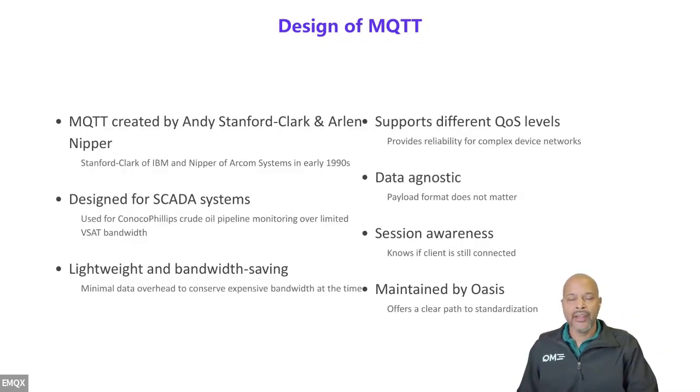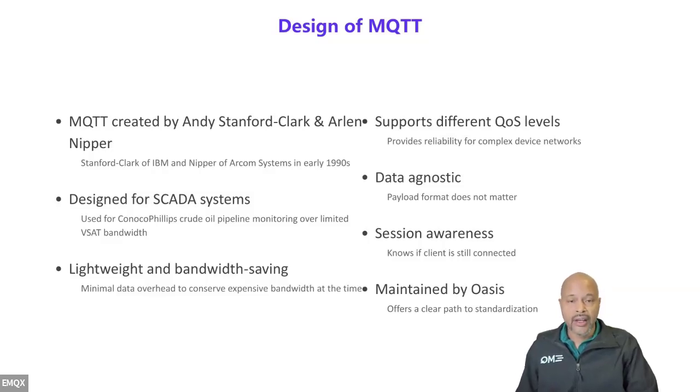So MQTT was originally designed for SCADA systems, and that's because ConocoPhillips, the crude oil pipeline, needed to be monitored. And a lot of those devices, that's how they communicated.